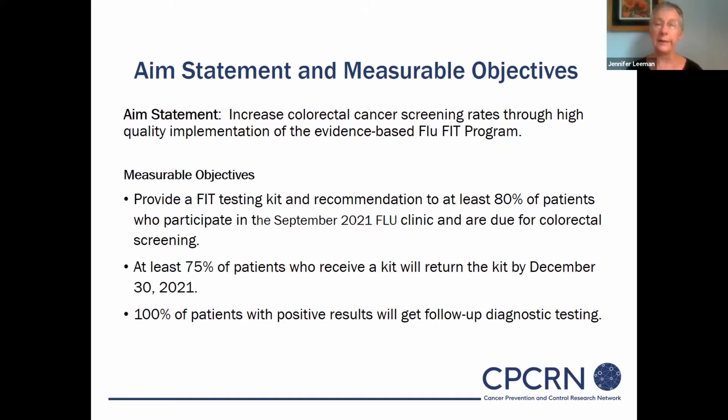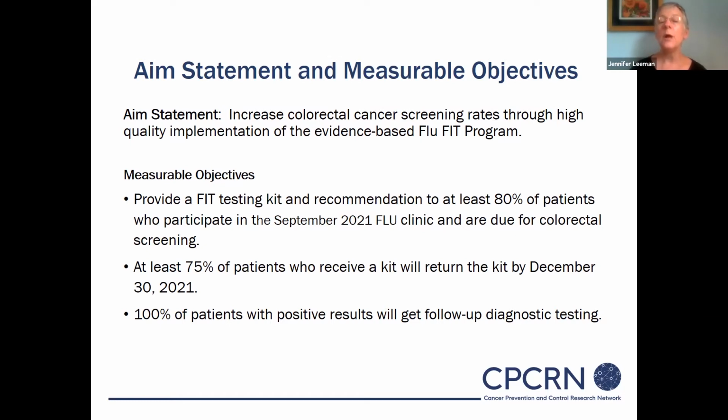So in addition to that broad aim statement, you have some measurable objectives, and these provide specific guidance for what the implementation team is trying to accomplish and over what period of time they're trying to accomplish it.